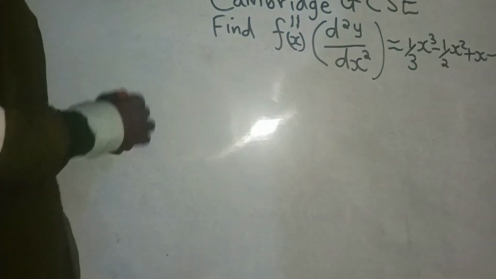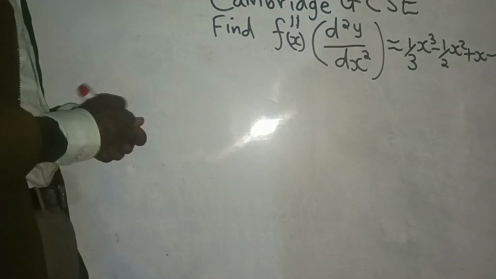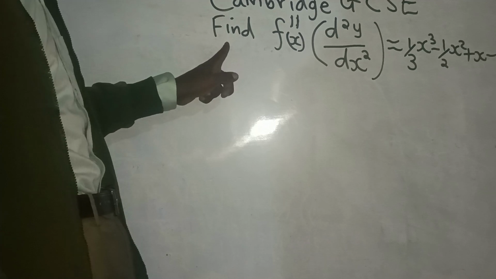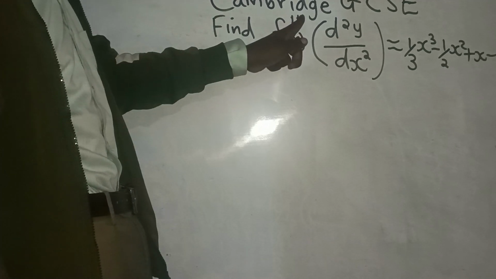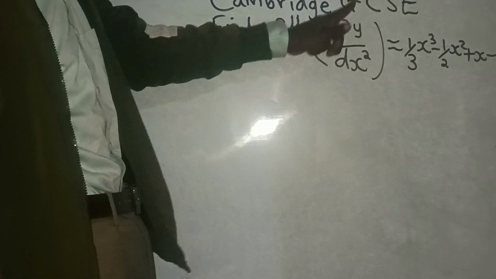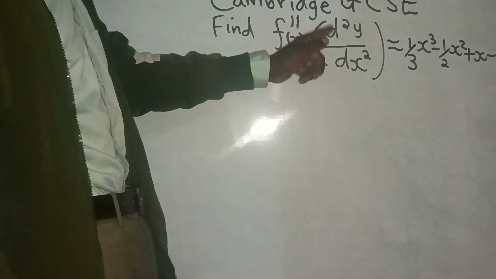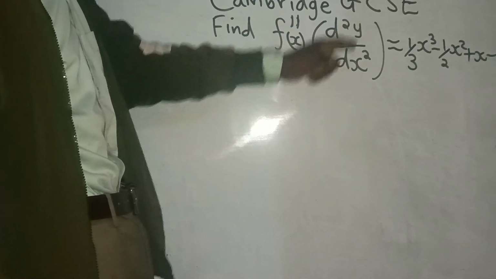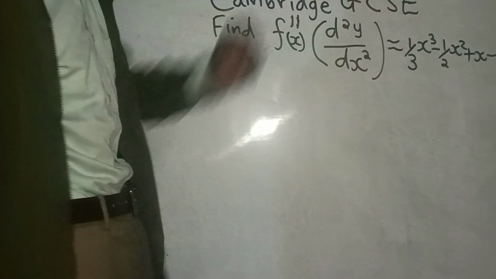And the question given here is a third x cubic less a half x squared plus x minus 6. So that is our question. We have been told find f2 prime with respect to change in x, or find d2y over dx2 of this equation.